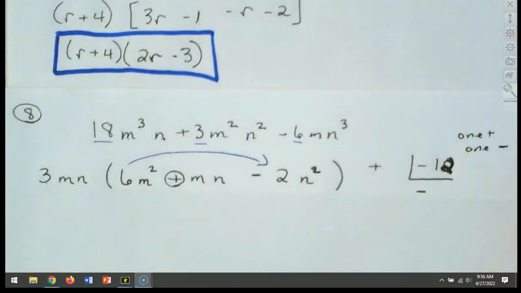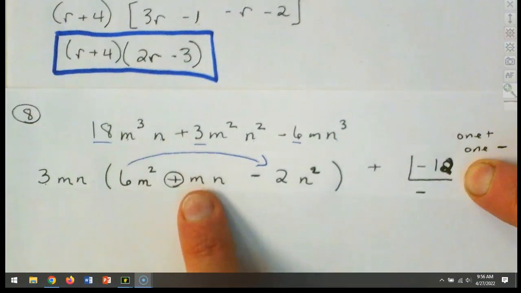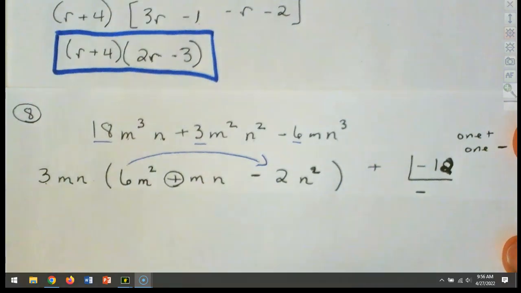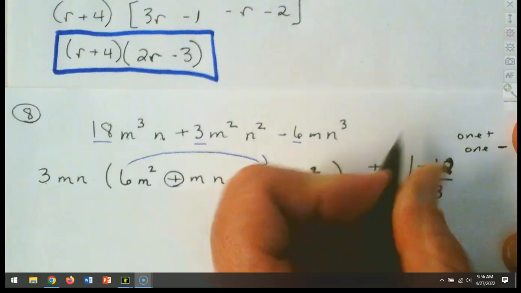So what 2 numbers? Well, we need 12, right? And we need a difference of what? 1 in the middle. So we've got 12. Okay, how about 3 and 4. Would that work? Yeah. Okay, so we need a positive 4 and a negative 3. And sorry about writing the 18 down first.